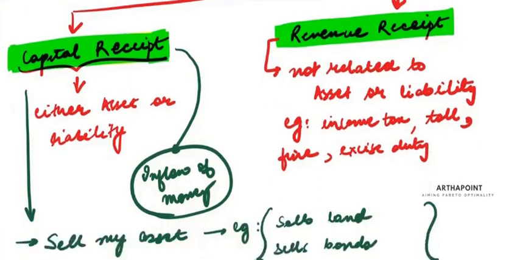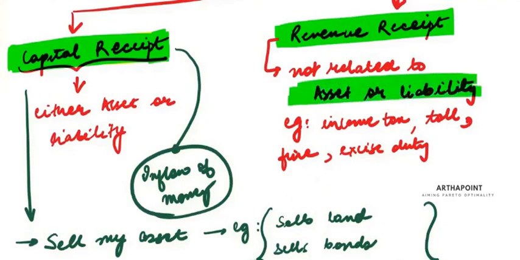Similarly, when the government pays the salary to government employees, that will come in expenditure, not here. So revenue receipt is always related to incoming of the money, but there should be no effect on the asset or liability position of the government. Only then it is revenue receipt.